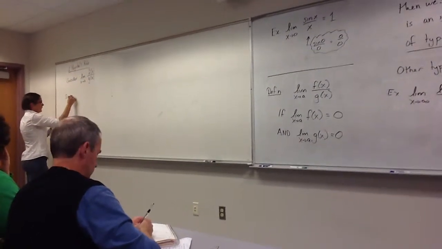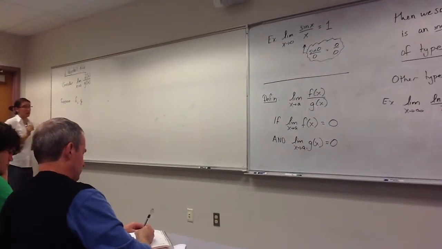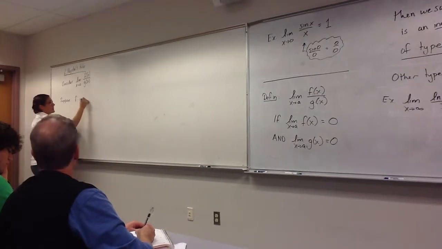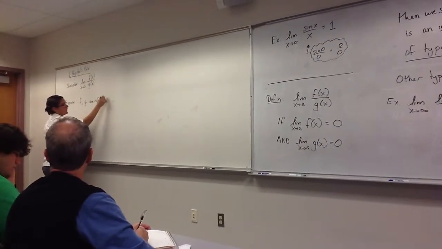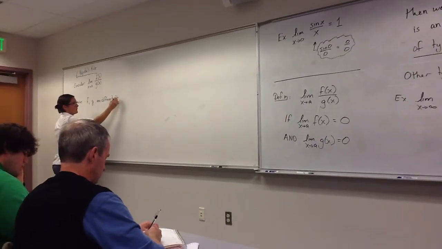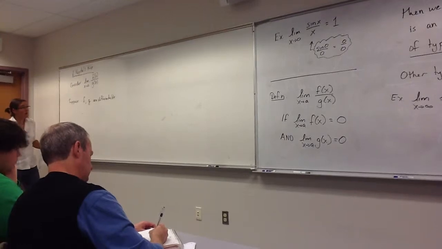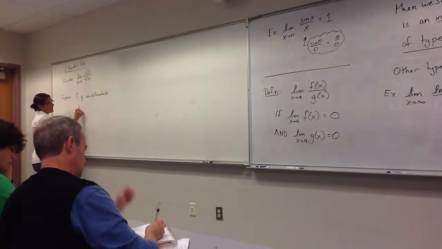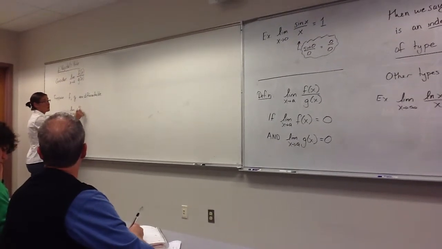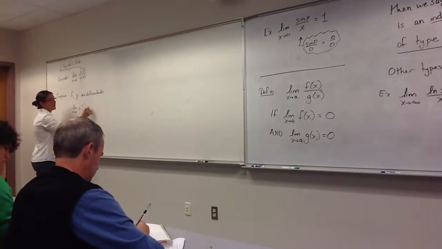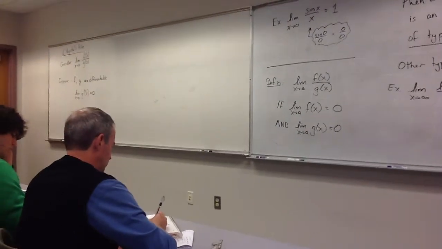Now suppose, number one, that our functions f and g, the numerator and the denominator, are differentiable. We are also going to suppose that the limit as x approaches a of g prime of x is not equal to 0. It's not clear why that's useful, but we're going to throw that in there.